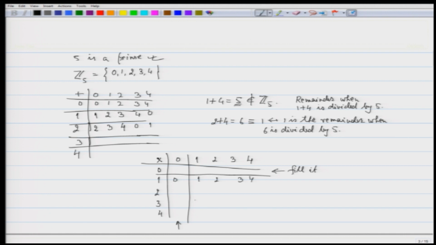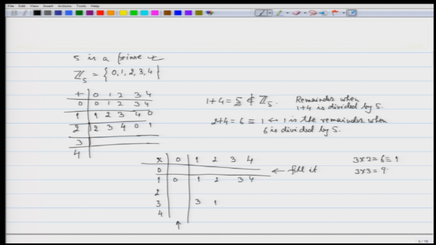So, 3 times 1 is 3 and 3 is in the set. So, 3 remains as it is, but 3 times 2 is 6, which is not in the table. So, we have to divide by 5, and the remainder is going to be 1. So, as in the case of addition also, 6 looks like 1 itself. 3 into 3 is 9.